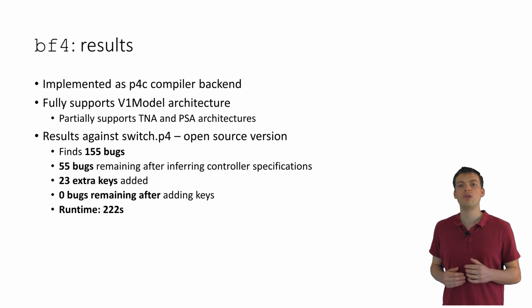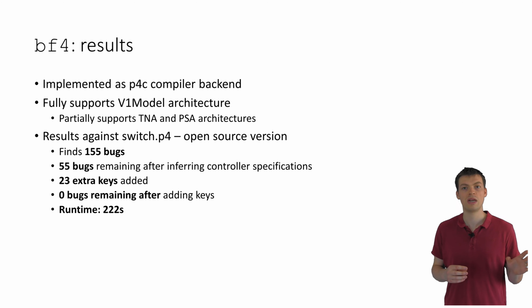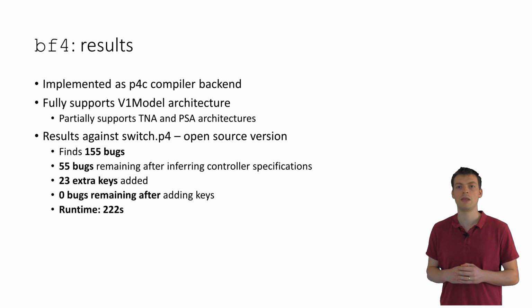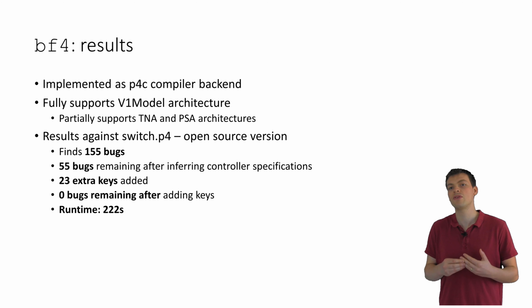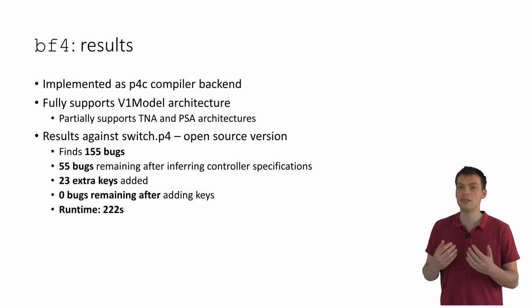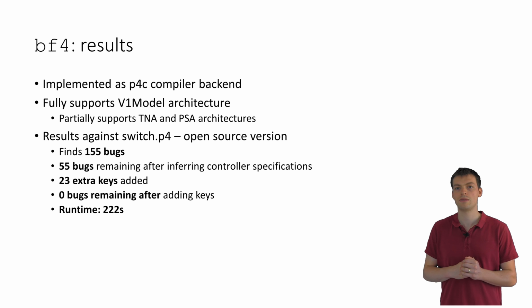I'll just brief you on the numbers obtained for switch.p4, our largest example. Without any specs inferred, there are 155 bugs. When just inferring specs without any fixes, we end up with 55 bugs. And after having inferred the 23 missing fixes, then the program ends up with 0 reachable bugs.